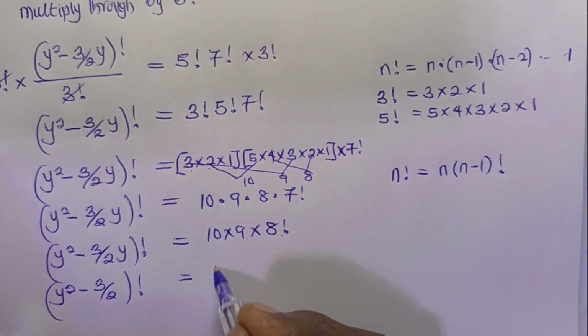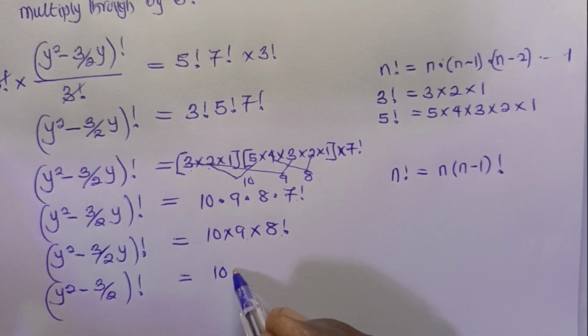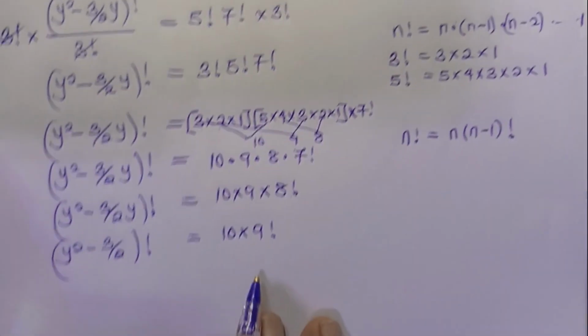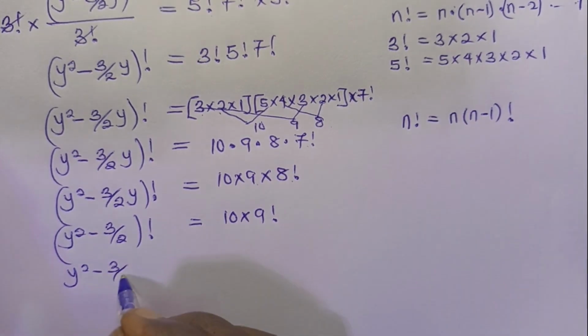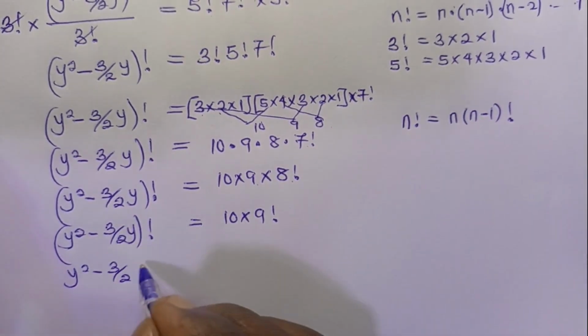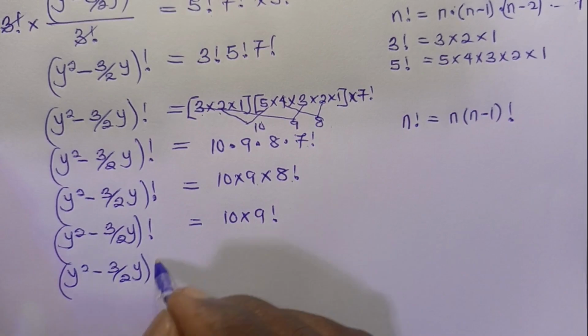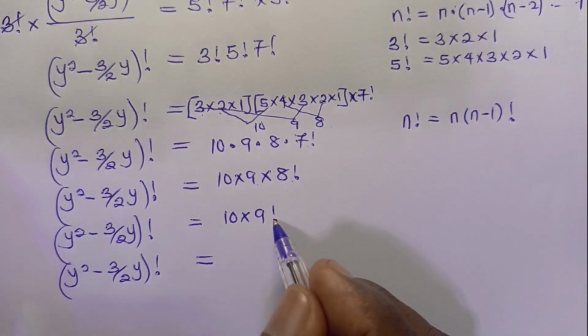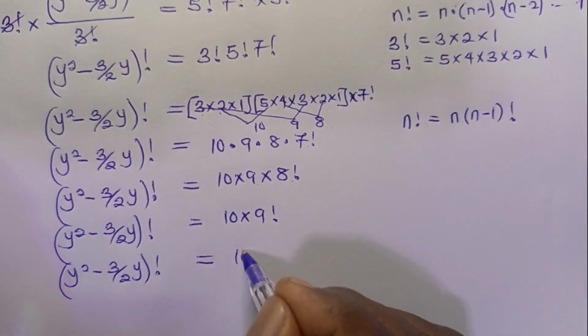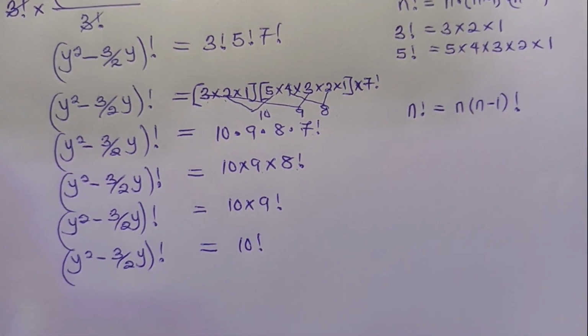Again, 9 times 8! gives us 9!, so we have 10 times 9!, and again, 10 times 9! gives us 10!. So we can see that we are able to express the right hand side of the equation as 10!.